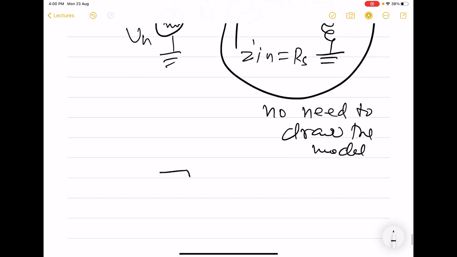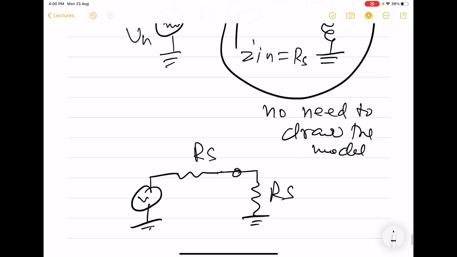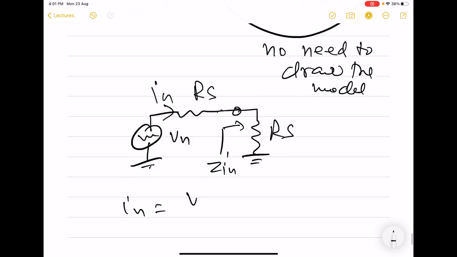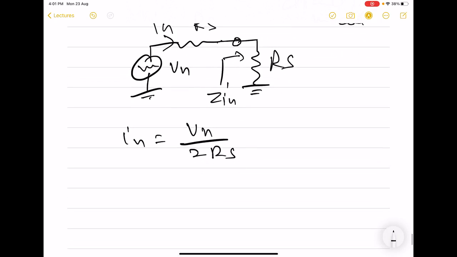What we can do is put Rs here and Zin, which is itself Rs. So the whole thing now gets simplified to this case. And this is the reference plane for Zin. So in this case, In is simply Vn by 2Rs. So In can be easily found in a shortcut way using this.